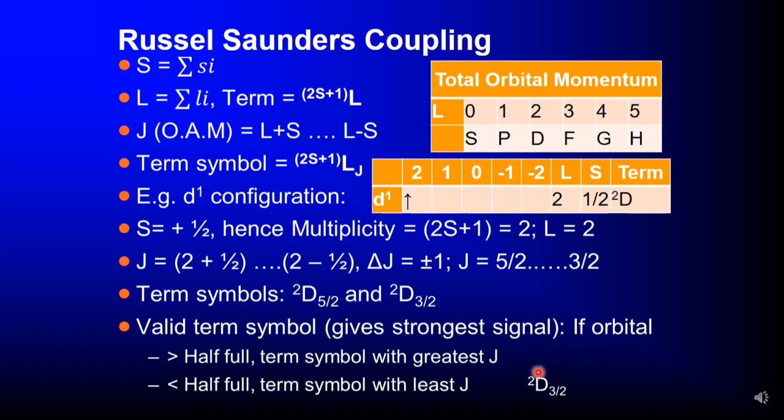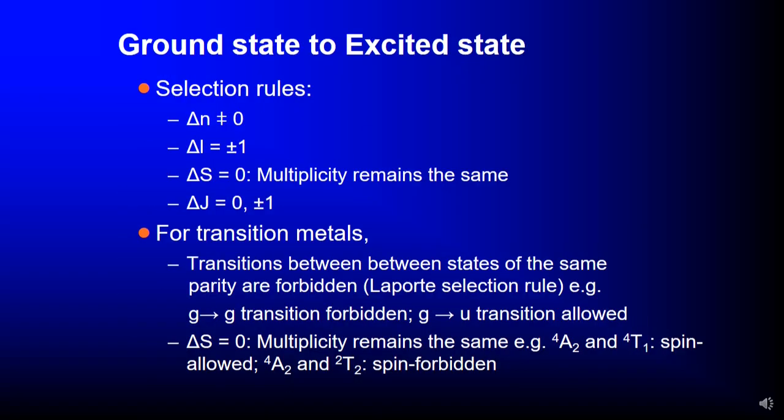You can see how this works. The ground state to excited state selection rules: change in N is not equal to 0, change in L is equal to plus or minus 1, change in S is 0, multiplicity remains the same, and change in J can be 0 or plus or minus 1.